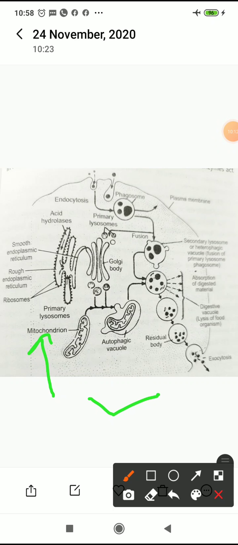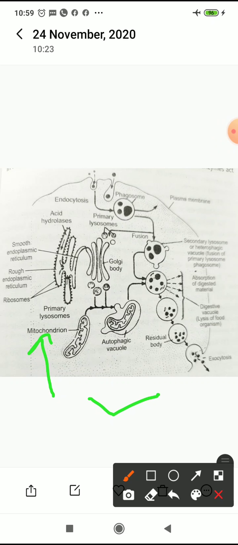Now lysosomal enzymes. A variety of enzymes are there in the lysosome. About 40 enzymes have been isolated from the lysosome. Most of the enzymes perform better under acidic condition, optimum pH 5, and thus they are collectively called acid hydrolases.